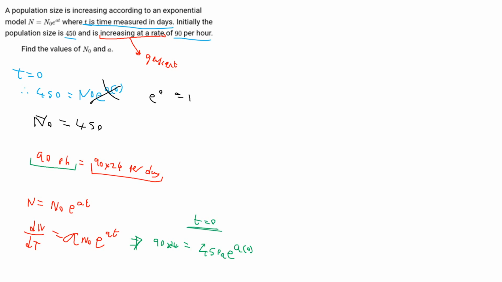This means we can eliminate this e to the at, which means that 450a is equal to 90 times 24. And so therefore a is equal to 90 times 24 all over 450.